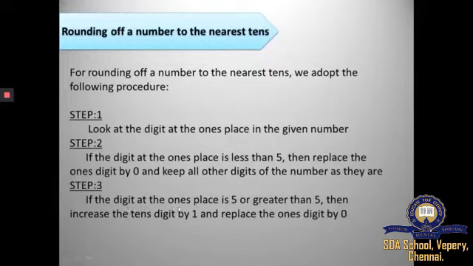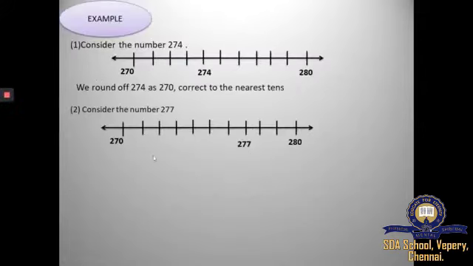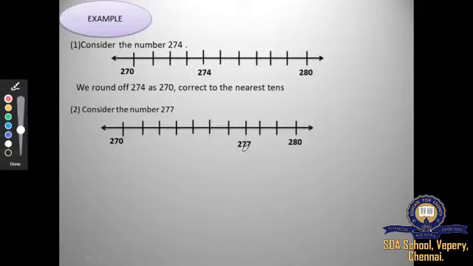If the digit at the ones place is 5 or greater than 5, then increase the tens digit by 1 and replace the ones digit by 0. So we round off 277 as 280, correct to the nearest tens.